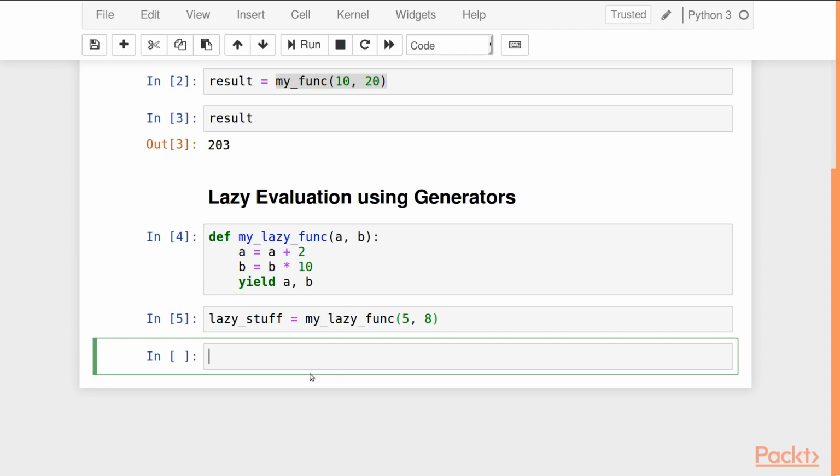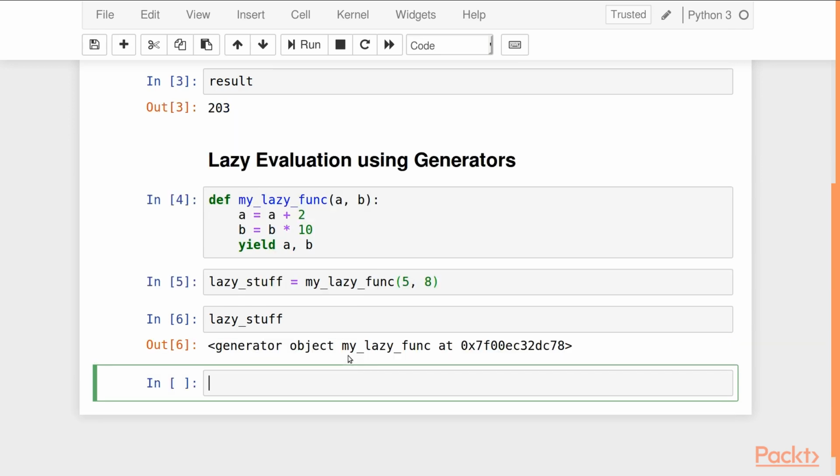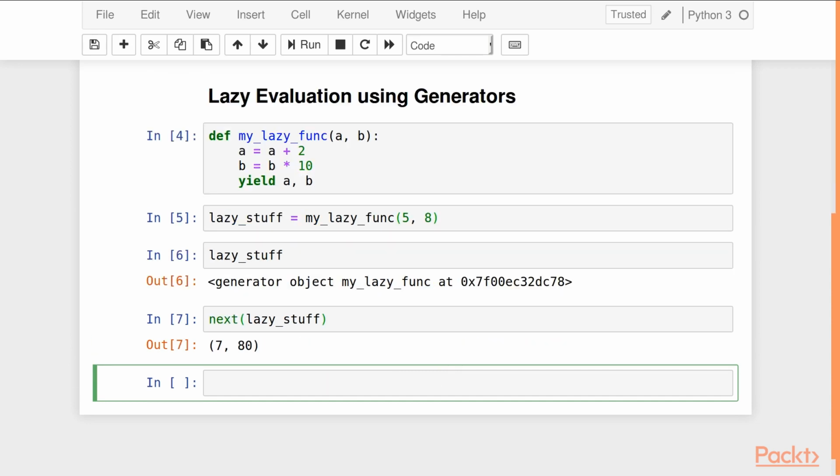So this is an example of a generator in which I'm taking two numbers as input, adding 2 to the first input and multiplying the second one by 10. Now when I print lazy stuff, it is a generator object. So this has not been evaluated. In order to evaluate it, I have to call the next function over my lazy object. So I get this.